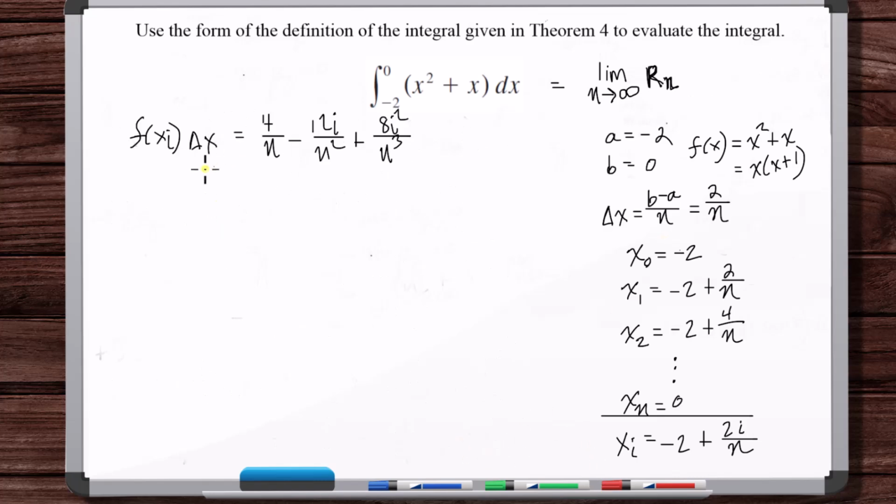All right, so there's f of xi times delta x. And now putting this back into the R sub n formula, here's f of xi times delta x, so 4 divided by n minus.